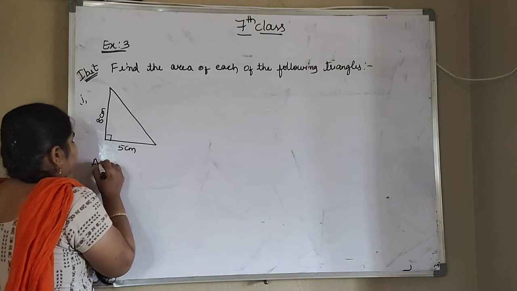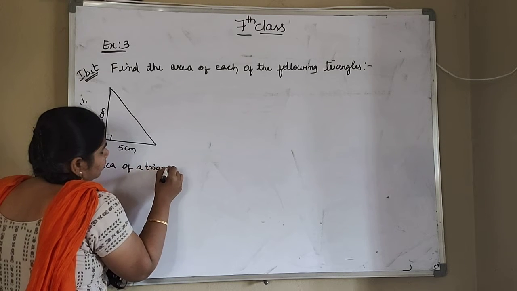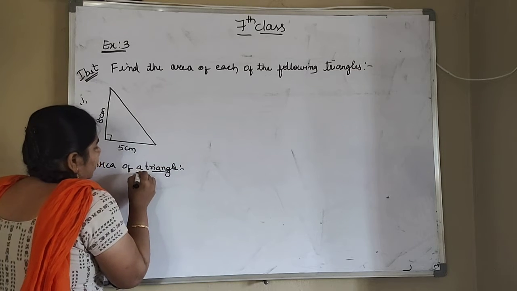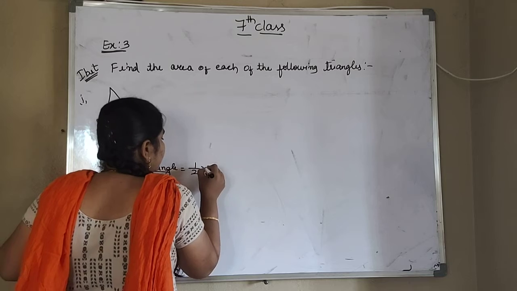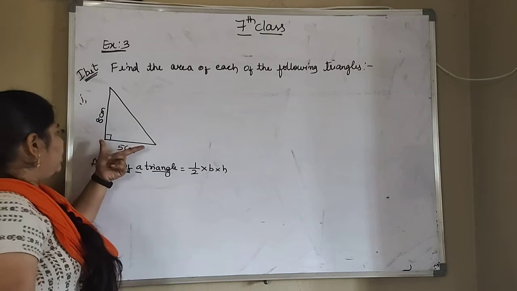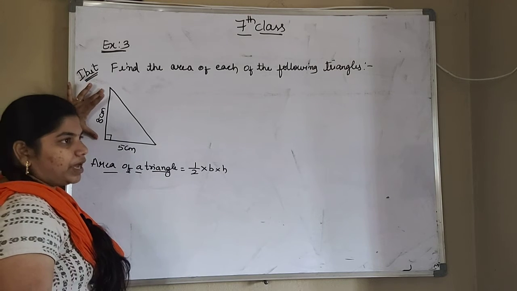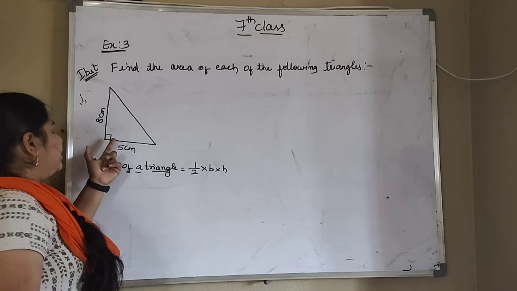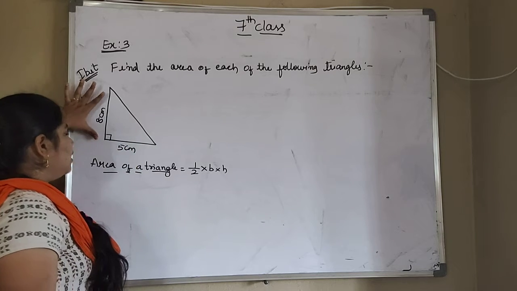The area of a triangle is half into base into height. What is the base value? Where you see the perpendicular symbol, that will be the height value, and the side perpendicular to it will be the base value. So this one is the base and this is the height.